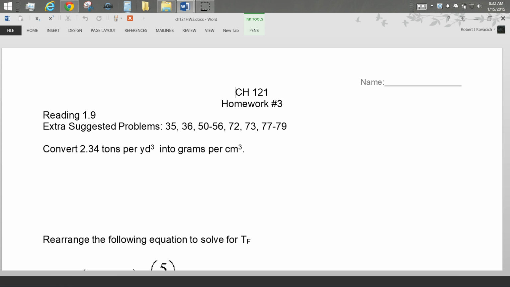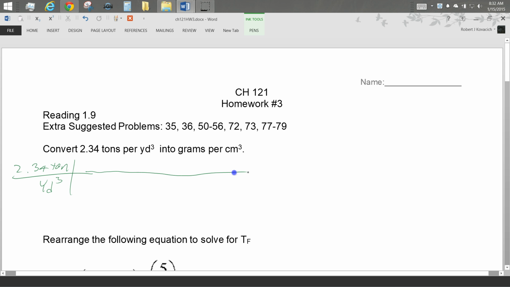Okay, so we're gonna switch this 2.34 tons over yards cubed. So I'm just gonna do the tons one first. 1 ton is 2,000 pounds. So the ton cancels out.